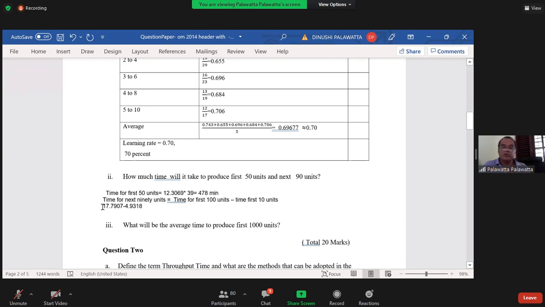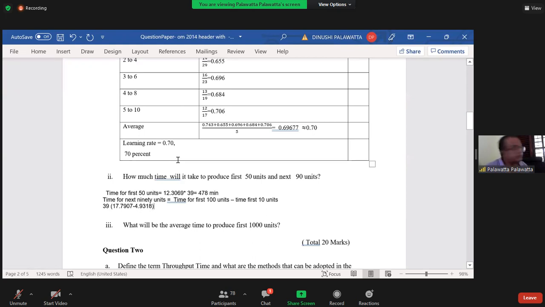So we have to multiply this by the time for the first unit. Then you subtract: time for the first 100 units is 17.7907 multiplied by 39. Time for the first 10 units is 39 multiplied by 4.9318.